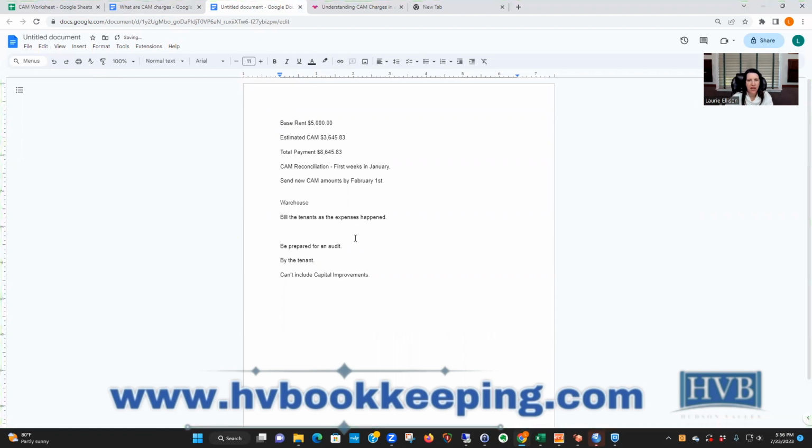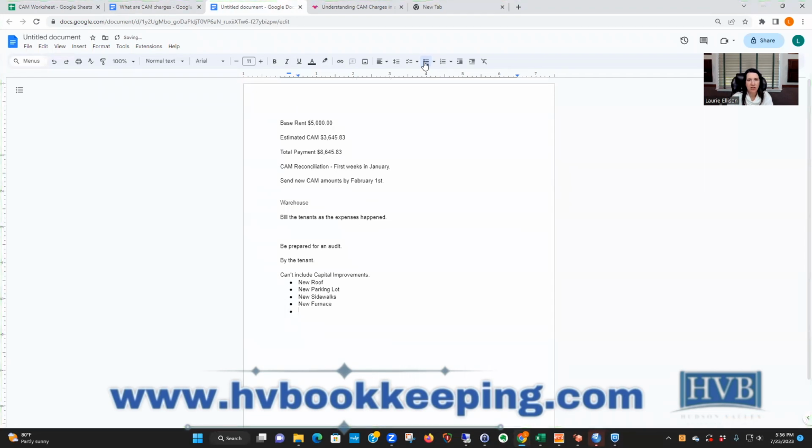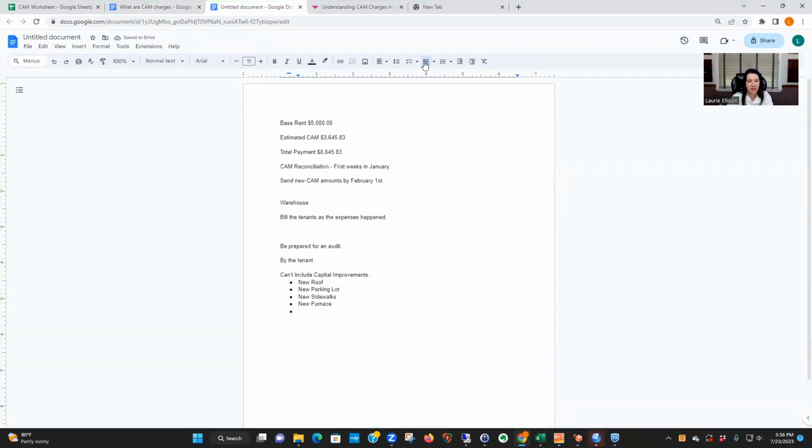You can't include the price of a new roof, new parking lot, new sidewalks, new furnace, right? Are you getting what I'm saying here? All of these things go into your basis. So you don't want to be expensing things that should be going into your basis.